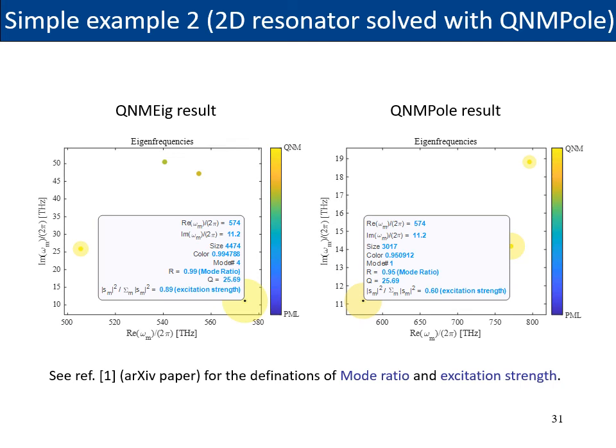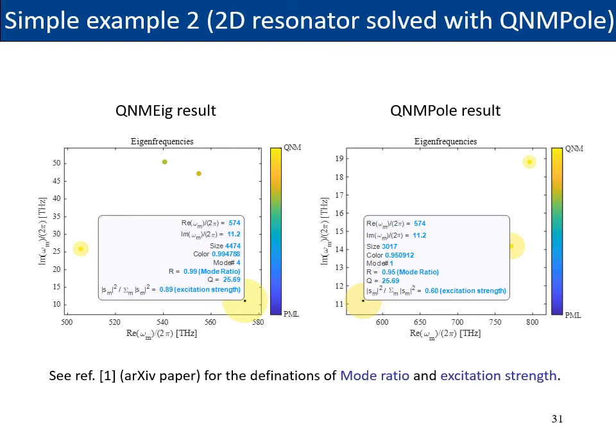You may be a little bit curious about why the mode ratio or the excitation strengths obtained from these two solvers are different. However, in general, you don't need to be too worried about that, because this mode ratio or the excitation strength is not a physical value. They are only values defined by ourselves to characterize whether the mode can be well excited by a plane wave or to tell whether they are quasi-normal mode-like modes or PML-like modes.